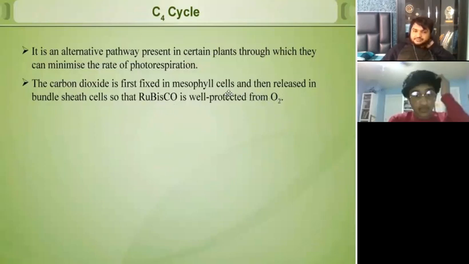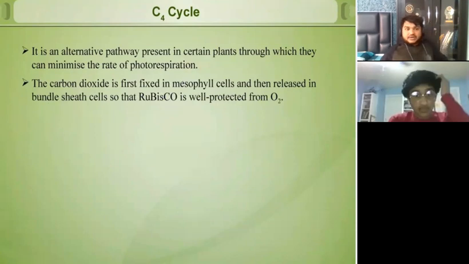So the C4 cycle takes place in how many cells? Two cells. First is the mesophyll cell, and another is the bundle sheath cell. But C3 only takes place in the mesophyll cell.